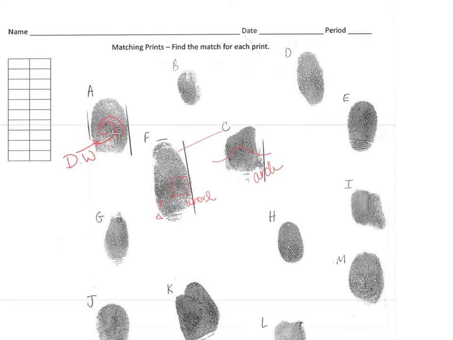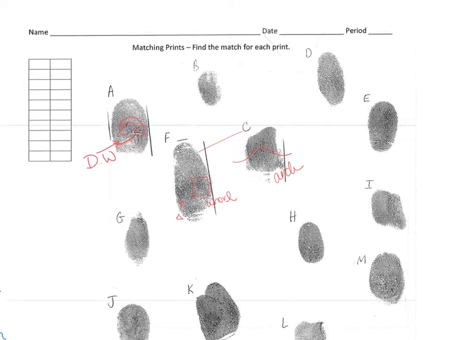Okay. So assume these are all coming from the right hand or all coming from the left hand. So we won't trick you and be like, this one's actually right hand, whereas this one's left hand. Nope. Just find the print that actually matches.